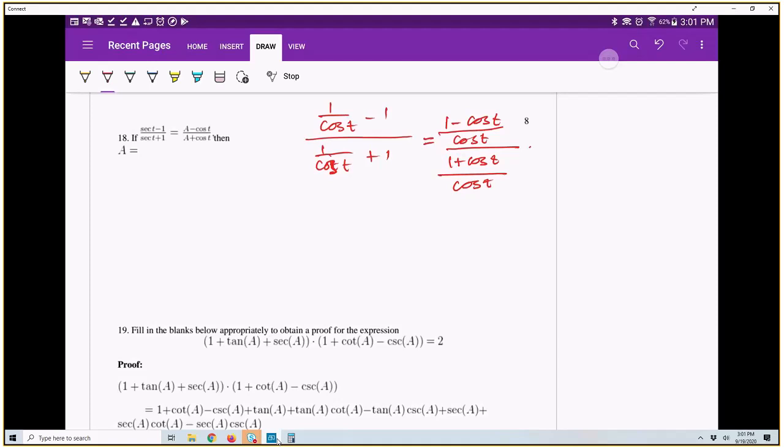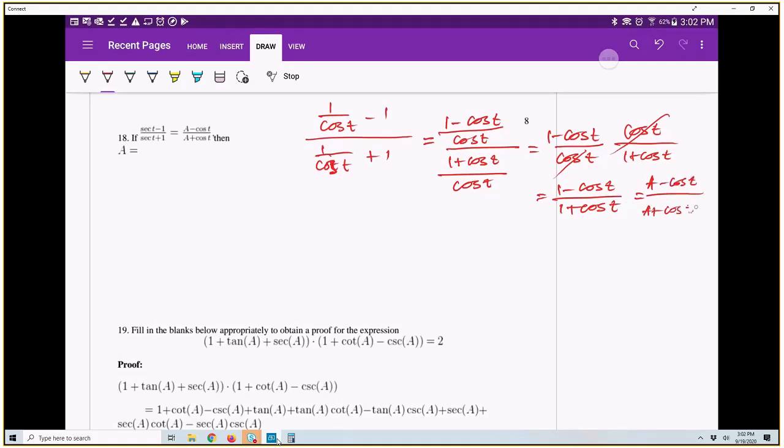Dividing by a fraction means multiplying by the reciprocal. So it's cosine t over 1 plus cosine t. So we're almost there. My answer is 1 minus cosine t over 1 plus cosine t. But I wanted it to look like a minus cosine t over a plus cosine t. So a must be 1.